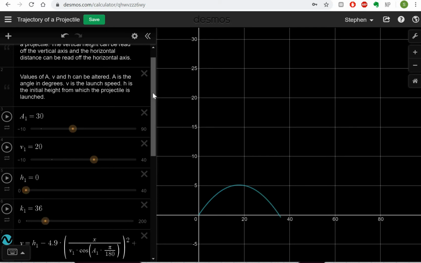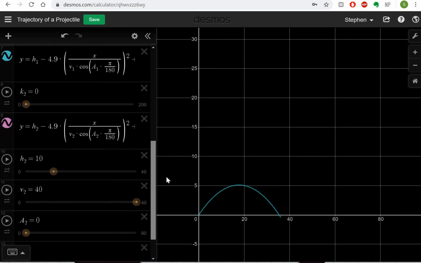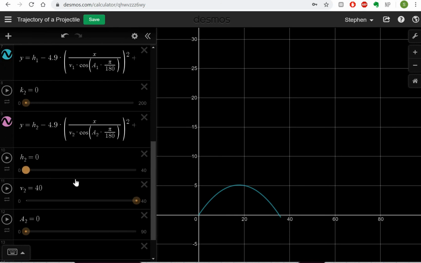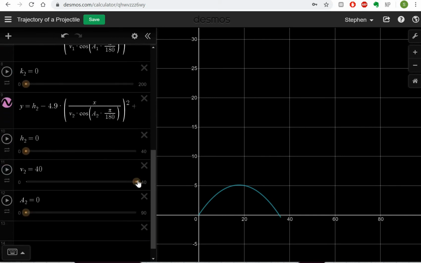And then let's consider another projectile. All right, so I've got a second one here, where it starts at the same spot. It might even have the same velocity, so let's say 20. I'll bring our velocity down to 20, but the angle is much higher. All right, let's see what happens here.